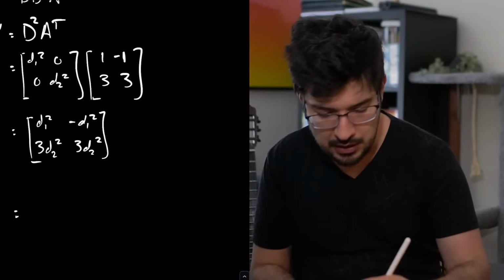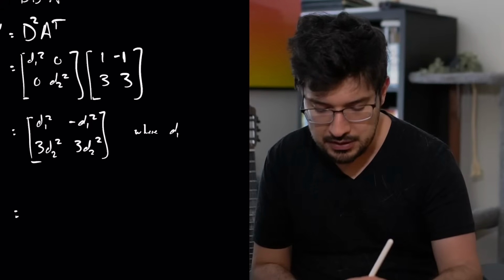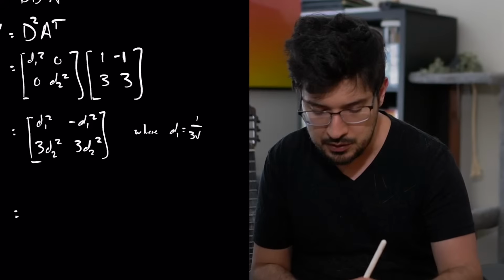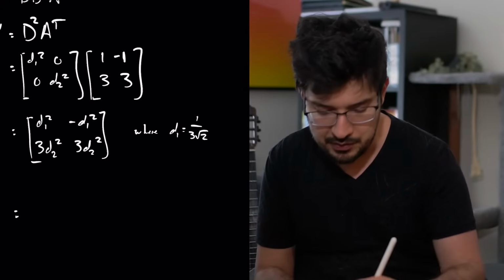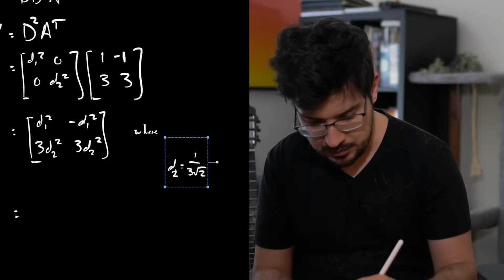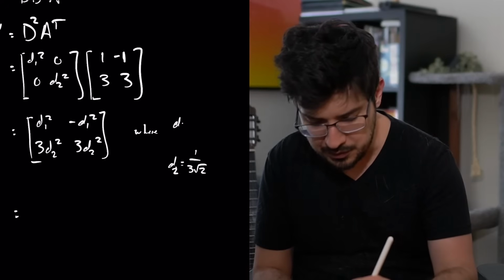Okay, and now recall that D1 is 1 over 3 root 2. Oh, no, this was D2. And D1, I'm pretty sure, was 1 over root 2.